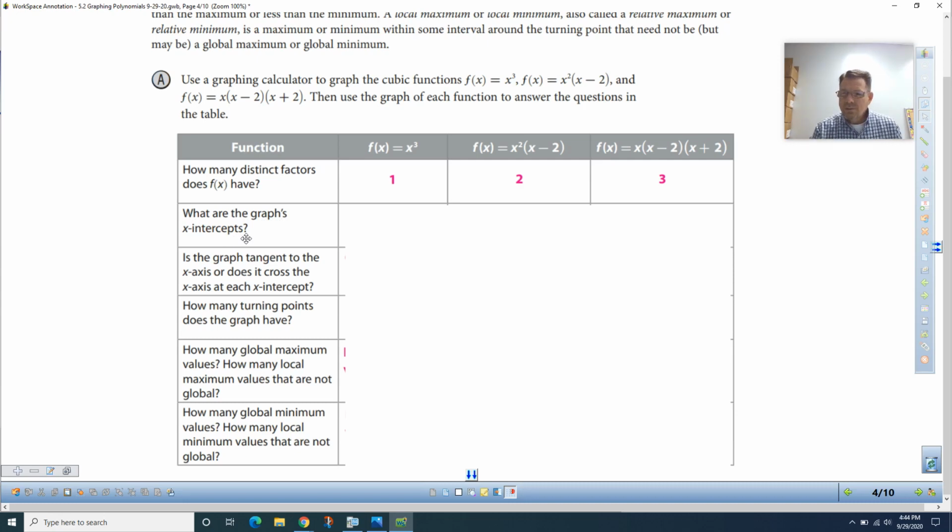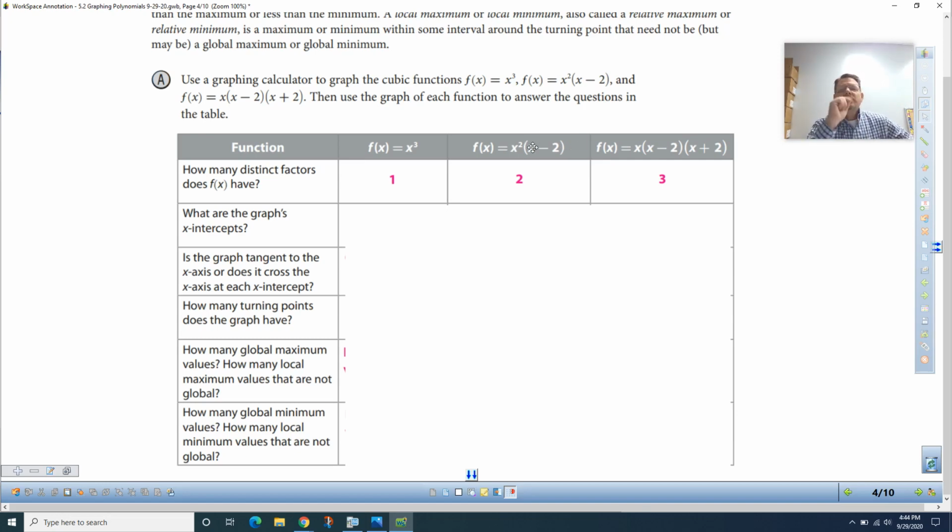Now it says, what are the graph's x-intercepts? Well, another word for x-intercepts is the zeros. So what does that mean? What numbers can I plug in for x to make it equal to 0? What can I plug in for this first function to make it equal to 0? 0. What about these guys? Well, I could plug a 0 in for x squared. That would make it 0. But what could I do for this x minus 2?